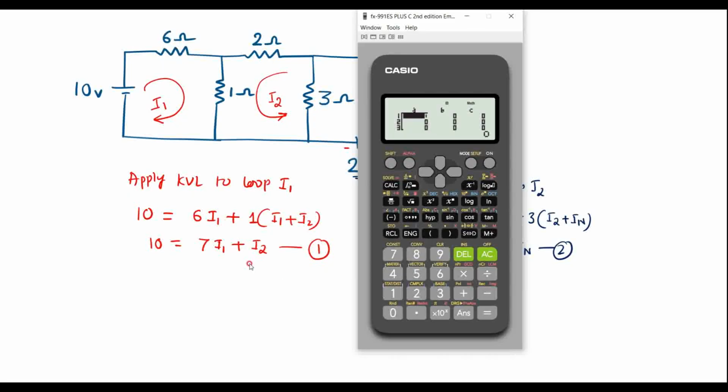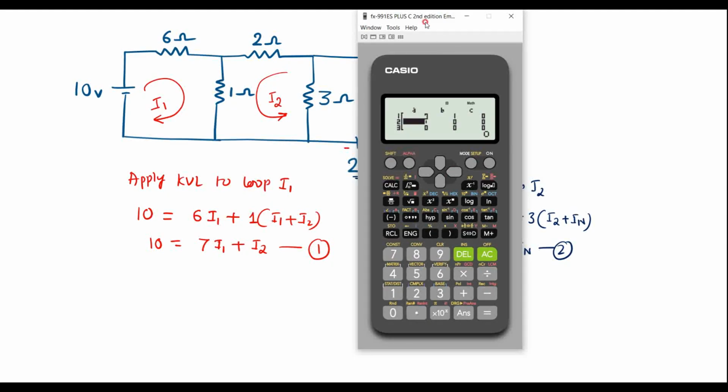Here feed the first equation. A is the coefficient of I1, B is the coefficient of I2, C is the coefficient of IN. So the coefficient of A is 7, press equal, then coefficient of I2 is 1, equal, and coefficient of IN is 0, and we have 10.